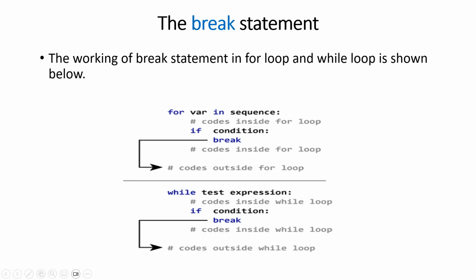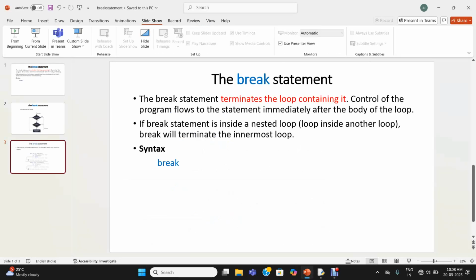Now we will take a sample input and check how this break statement works. Here I am writing a for loop: for i in a string. The string is written in double quotation marks, then a colon.